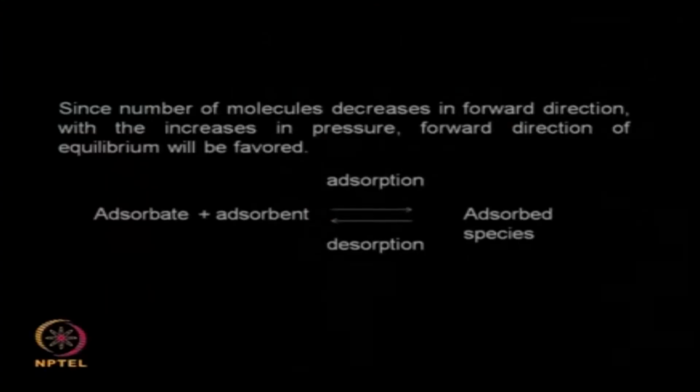So if I want to capture one particular gas from a mixture, adsorption is a very good downstream approach. I have an adsorbent and the particular gas or species gets adsorbed at high pressure, and once my gas mixture is passed, you have the adsorbate getting adsorbed on the adsorbent, and then I just reduce the pressure.